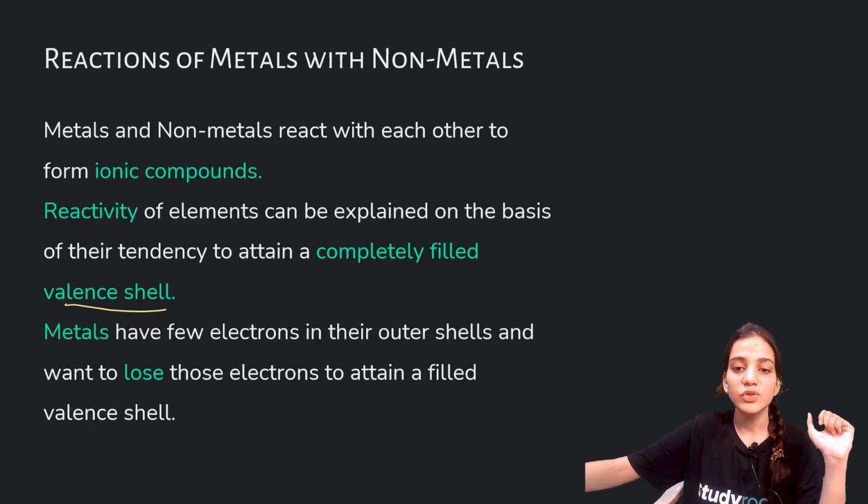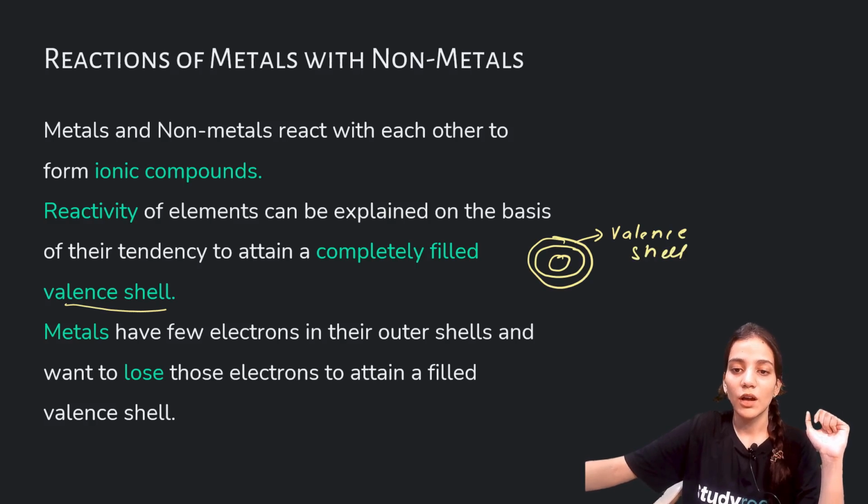The valence shell is the last shell. Suppose there is an element, and this is the valence shell, and suppose it has one electron in it. This will determine the reactivity of the element.